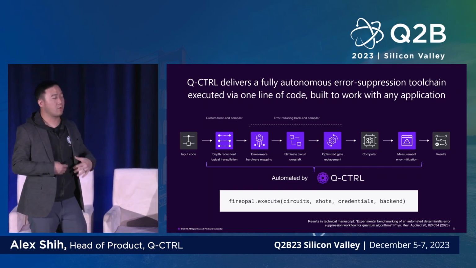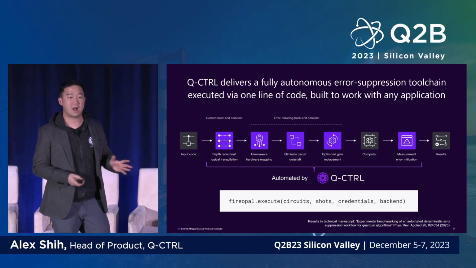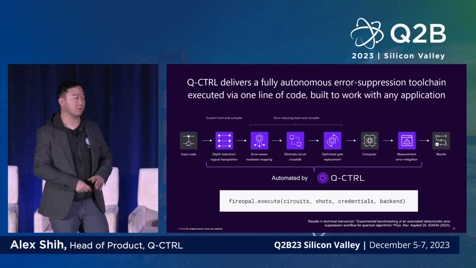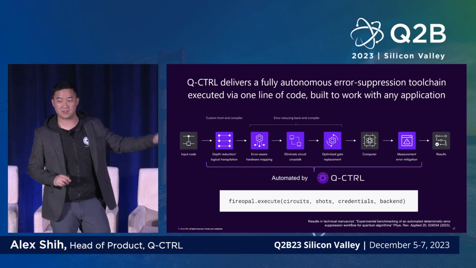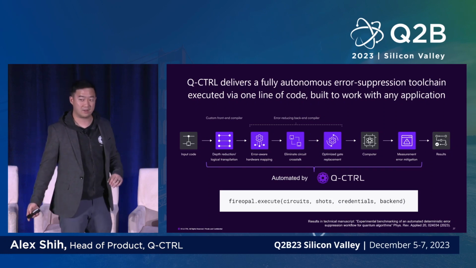And so this is how we're trying to make the complex as simple as possible. All of this is underneath the hood and abstracted away from the user. So all the user needs to care about is executing a single line of code and getting the right result.